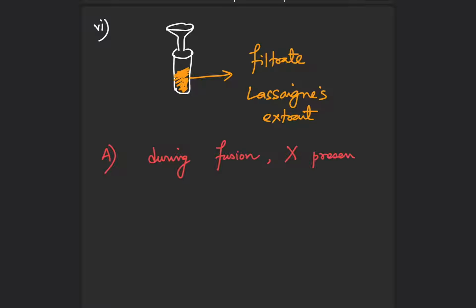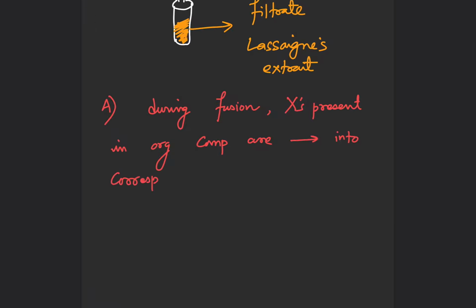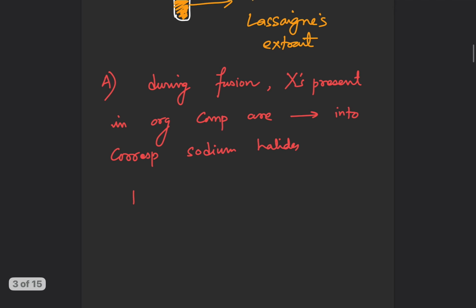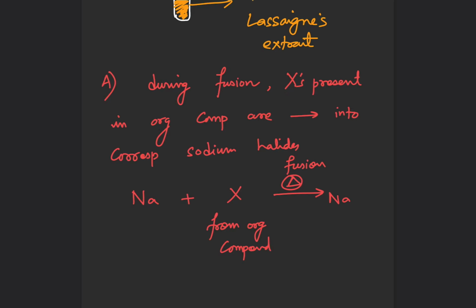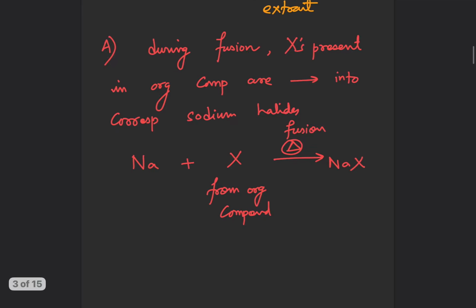In the reaction form, we can write it this way: sodium plus the halogen, which is from the organic compound. They undergo fusion, we heat them, and ultimately we get NaX, that is the sodium halide. So option A does belong to Lassaigne's test.